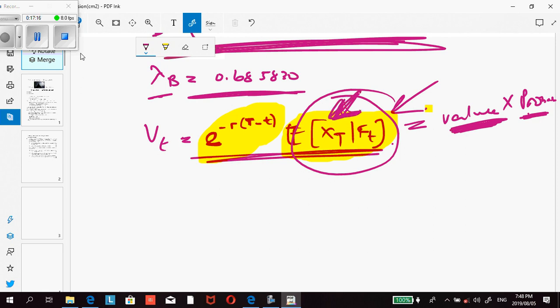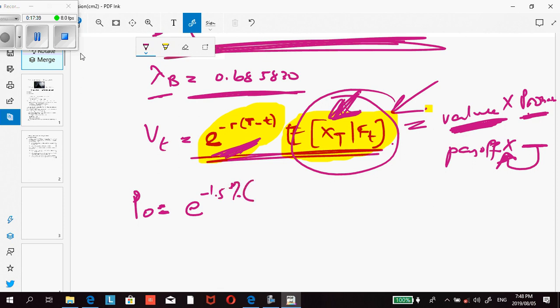So I'm going to take the payoff times the probability that will result in this payoff, and I have to discount it. So your price at time 0 will actually be equal to e to the minus the risk-free rate multiplied by your 9/12 times the expected value of the payoff.